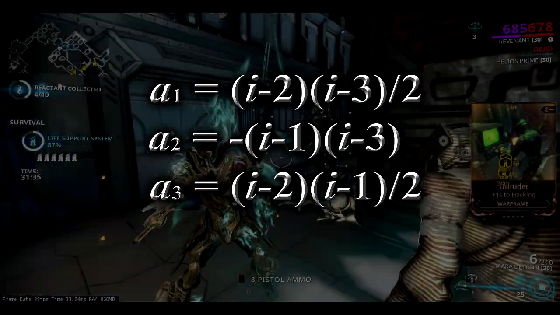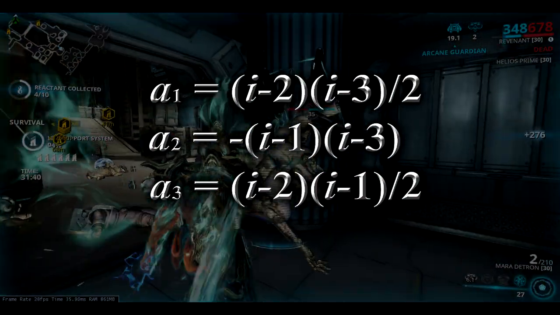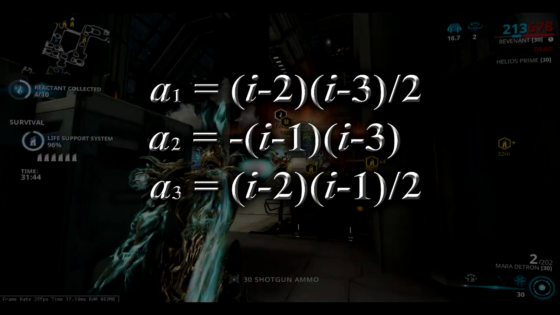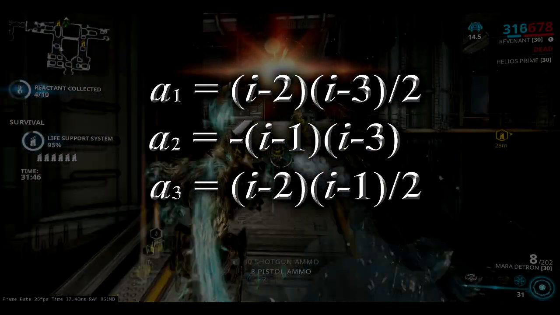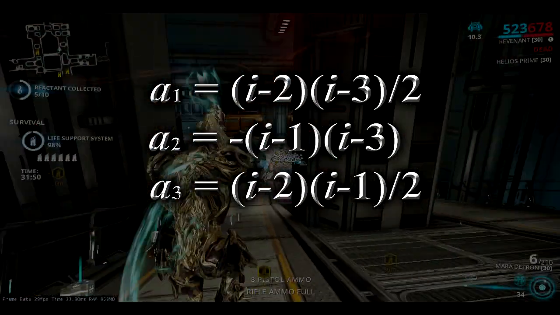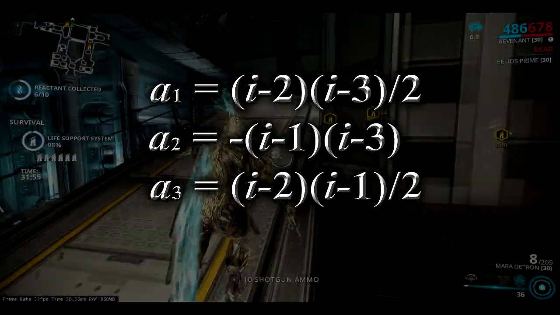Therefore, in that first bracket, when i is equal to 2, i minus 2 is 0, so it makes the entire function 0. Likewise, in the third bracket, when i equals 3, 3 minus 3 is 0, and that makes the entire function equal to 0.